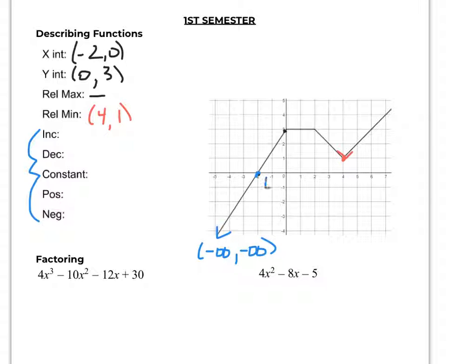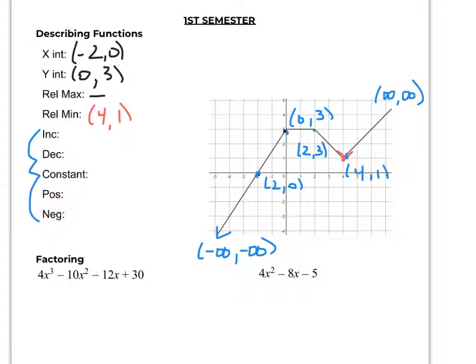I have my key point of an x-intercept, I have here (0, 3), I have (2, 3), which has something interesting going on there, I have (4, 1), and then I have positive infinity, positive infinity.